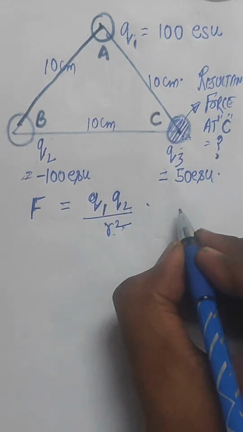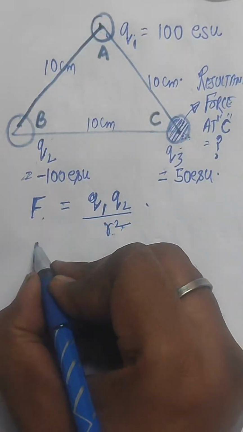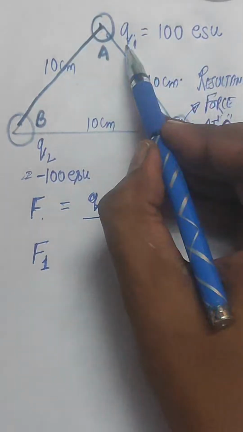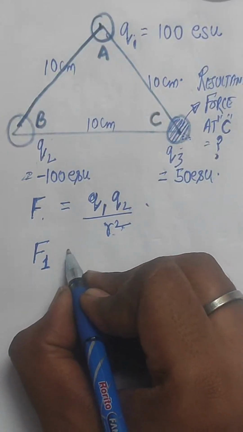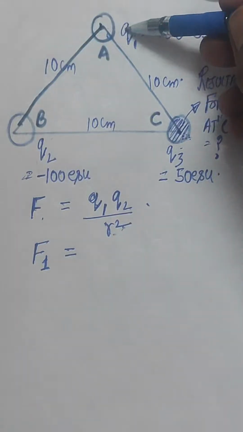then we can say that F1, by Q1, is equal to the product of the two charges Q1 and Q3.